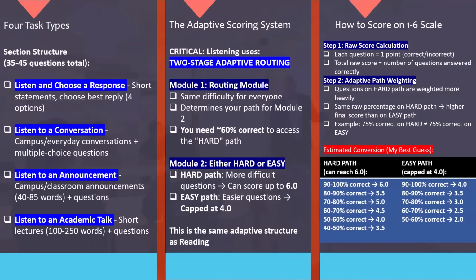Now, some of you may be saying, well, I want the easier path. No, you do not want the easier path, because if you go down the easier path, your score is pretty much capped at a 4 out of 6. You can't get better than that. The only way you get up to a 6, which is the highest level, is to go down the more difficult path.